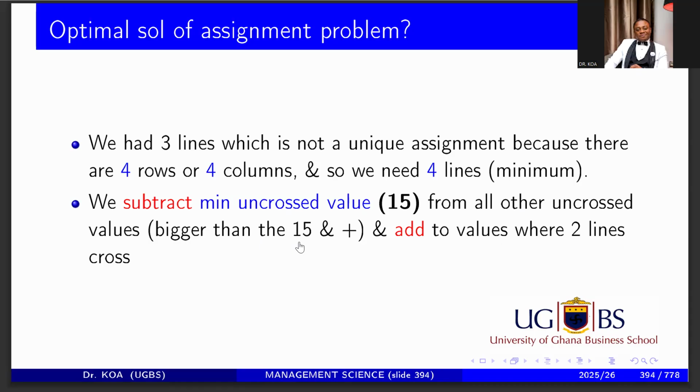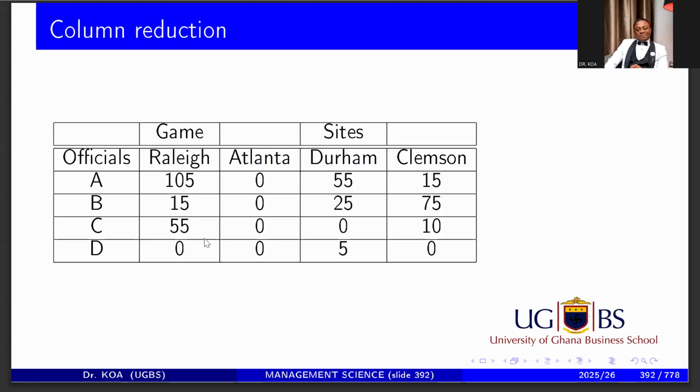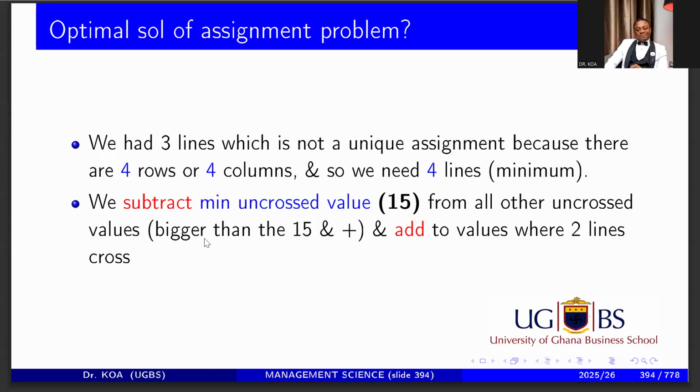If you are not bigger than the 15, we'll leave you. So when you come here, for those that are uncrossed, so here we'll add it. We'll add it. Here, you are bigger than the 15. So because you are bigger than the 15, we will now take that number and then we'll add it.